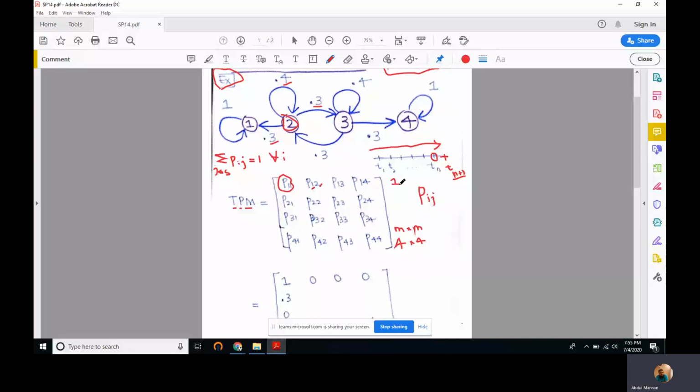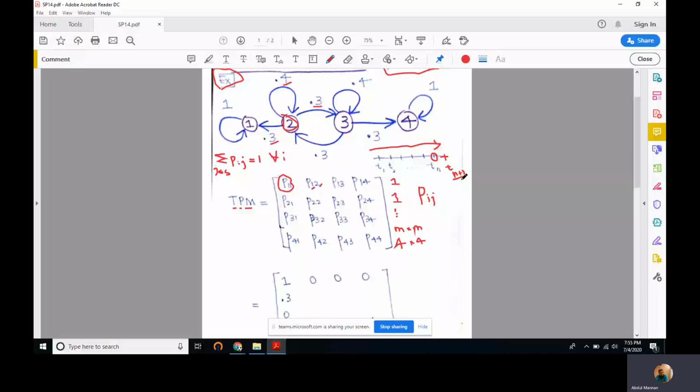For the first row of the TPM: if we start at state 1 at time n, what is the probability that we will be at state 1 at time n plus 1?